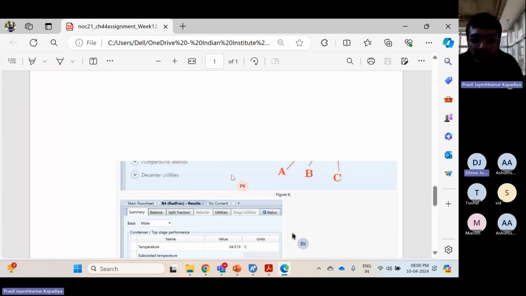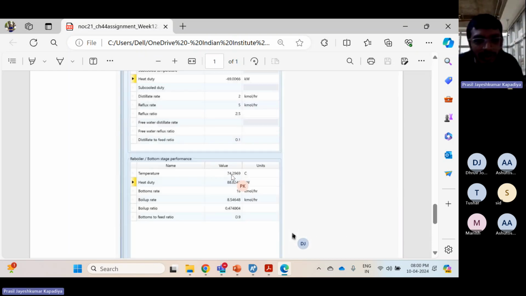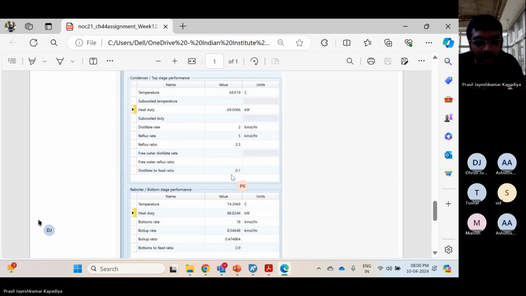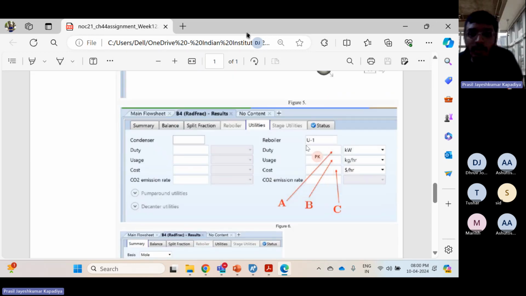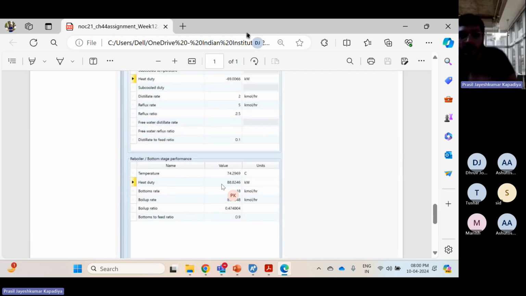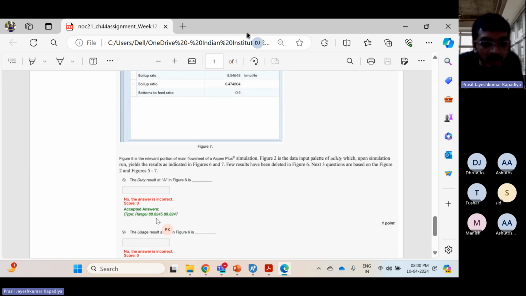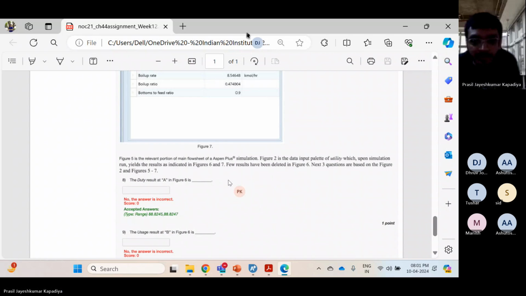So that is minus 69. So the answer is not 69. Sorry, heat duty at A. At A is the reboiler. So reboiler duty is not 69. This is the condenser. Reboiler duty is 88.82, right? So your answer should be 88.82. Okay, correct.